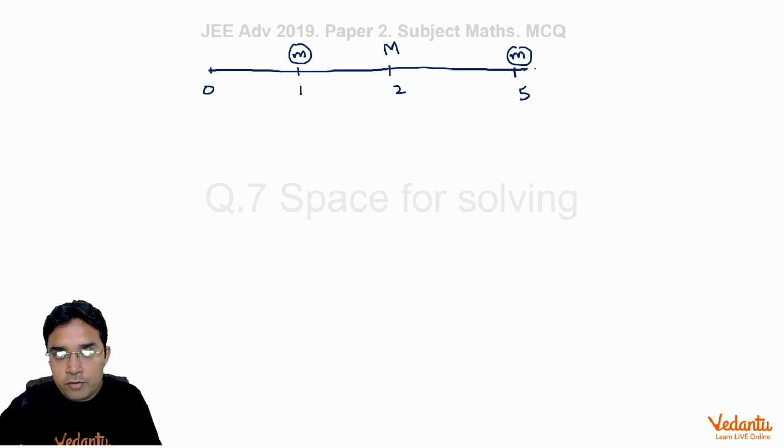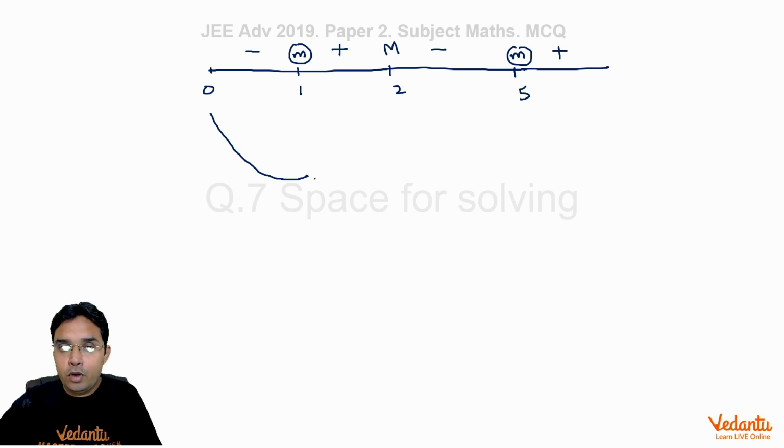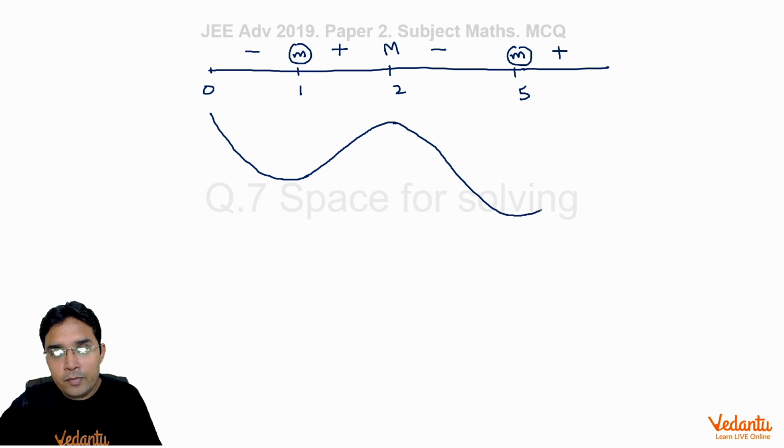And the sign of derivative for capital F(x) were plus, minus, plus, minus. So after 0, it will be going down, decreasing function. At 1, it will be having point of minima. Then it will be increasing, going up to 2. Okay, and then after having maxima at 2, it will be going down. At 5, it will be having point of minima and then going up.